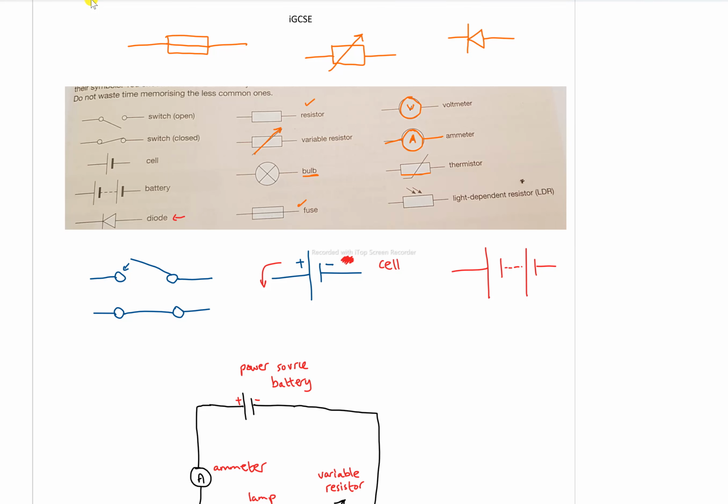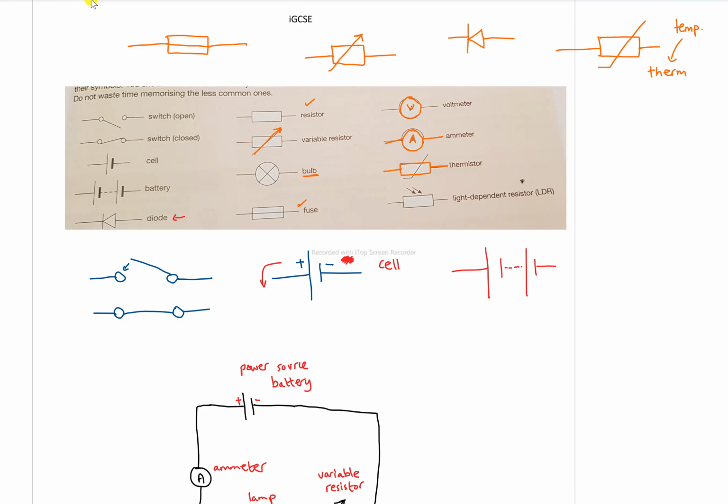Thermistor is like a rectangular box there, and then you put this line through it. It's like a broken line. The word therm should bring around into your memory something to do with temperature.